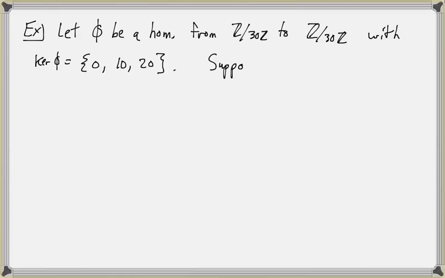Further, let's suppose that phi of 23 is 9. So 23 gets mapped to 9. Then let's find the pre-image of 9, that is the set of all elements that get mapped to 9.